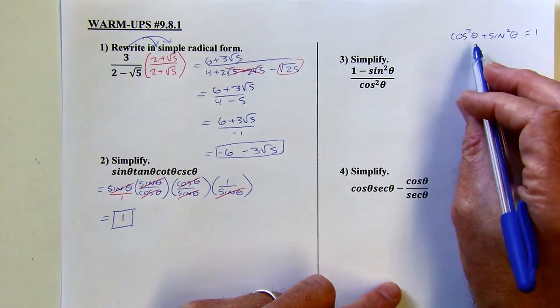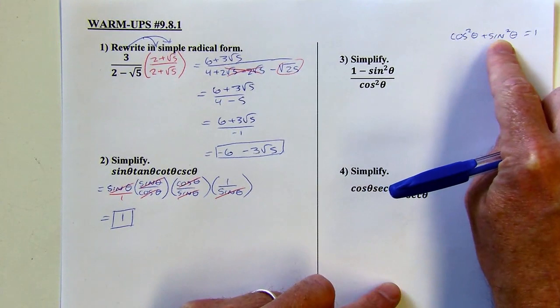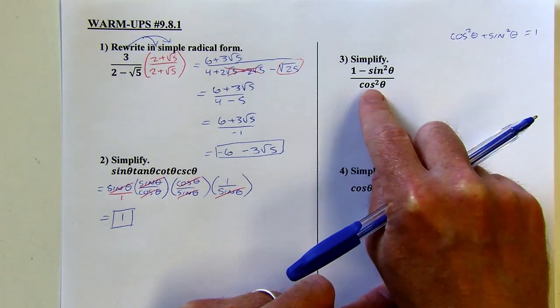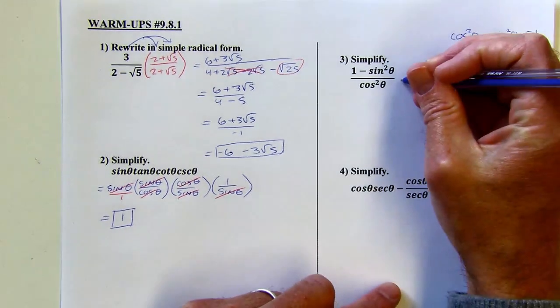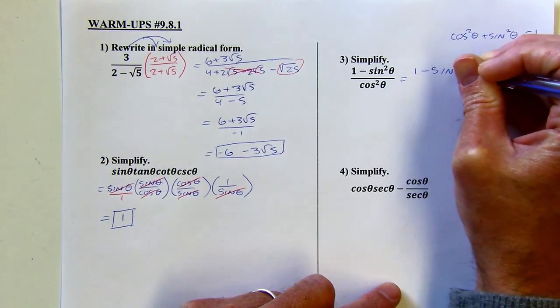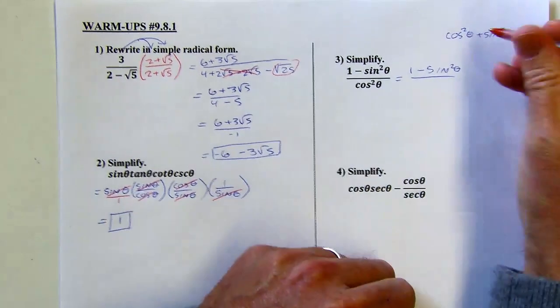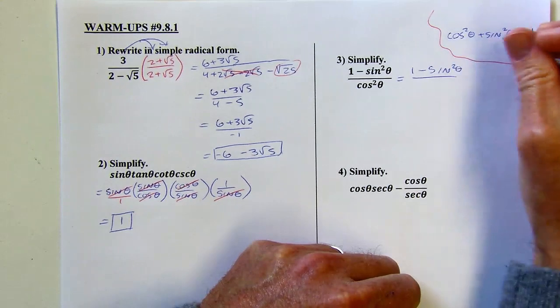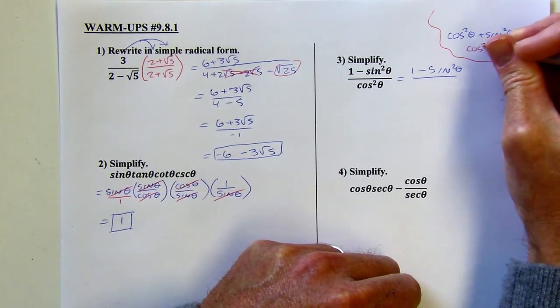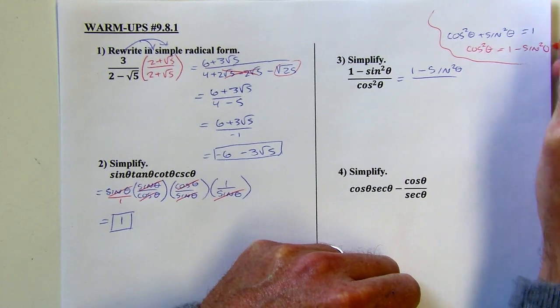Actually, if I isolated cosine squared, I could subtract sine squared, and then I'd have 1 minus sine squared. Actually, that will work out nicely. Lots of times there are different ways to do this, and this just occurred to me. But if I'm taking this here and solving it for cosine squared, it's going to equal that, right?